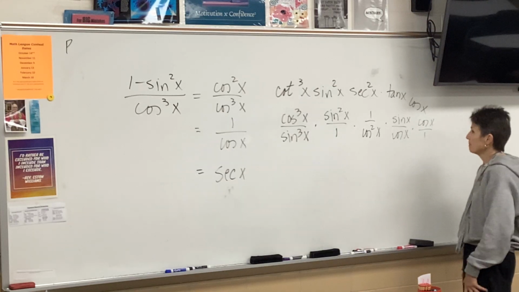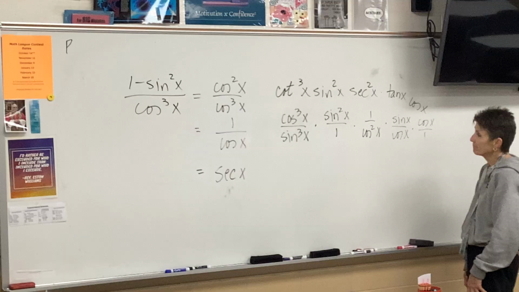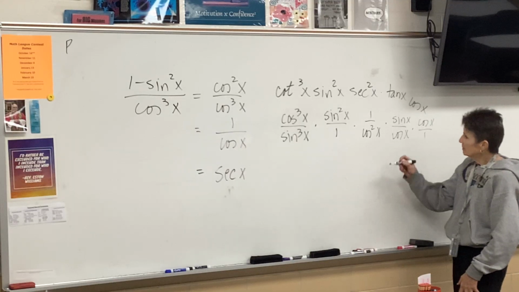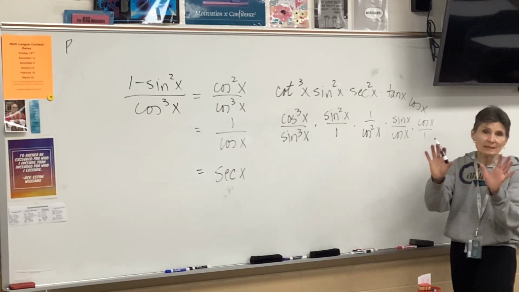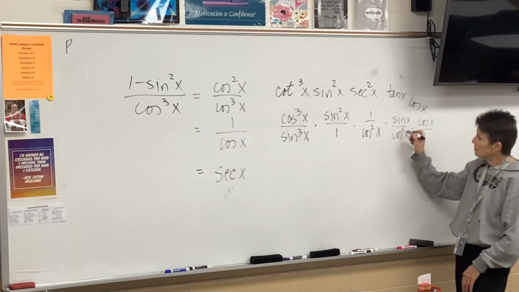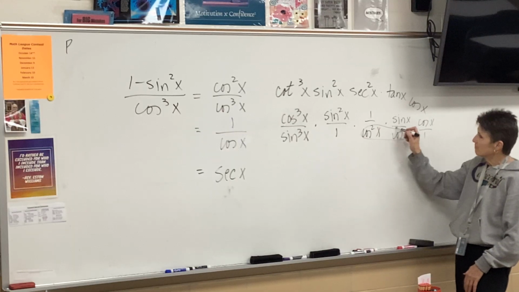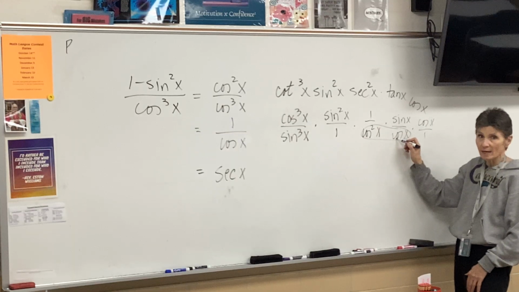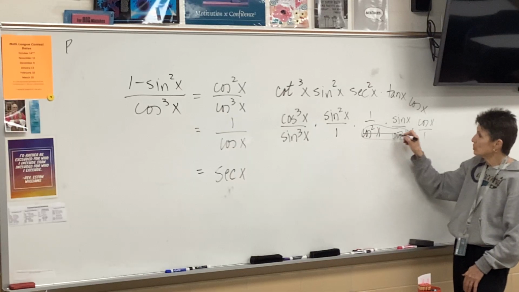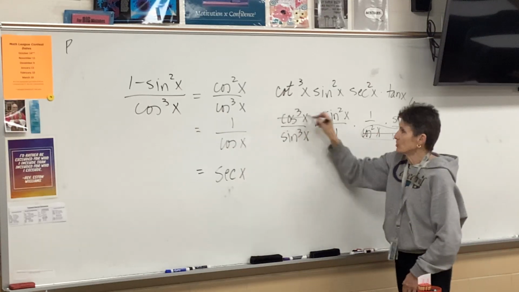So let's see. Now you can cancel in any order you want, but I happen to notice that right here I've got a cosine squared and a cosine. So won't those 3 cosines cancel those 3?